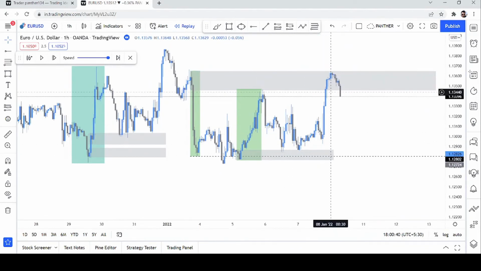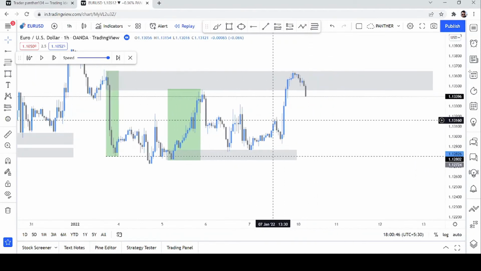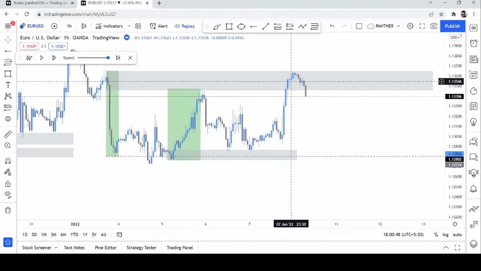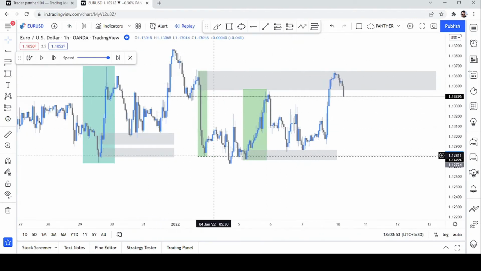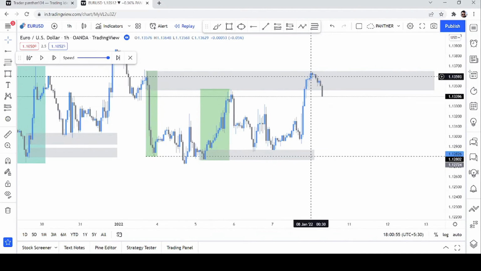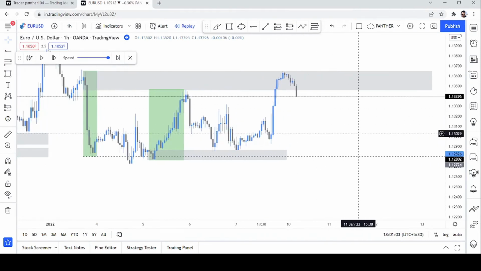It did give you that buy from here, target this, and still what price is doing right now, it has created another break of structure with an impulse. When you involve with this method, if you see this type with an impulse, that's more probable for more accuracy.